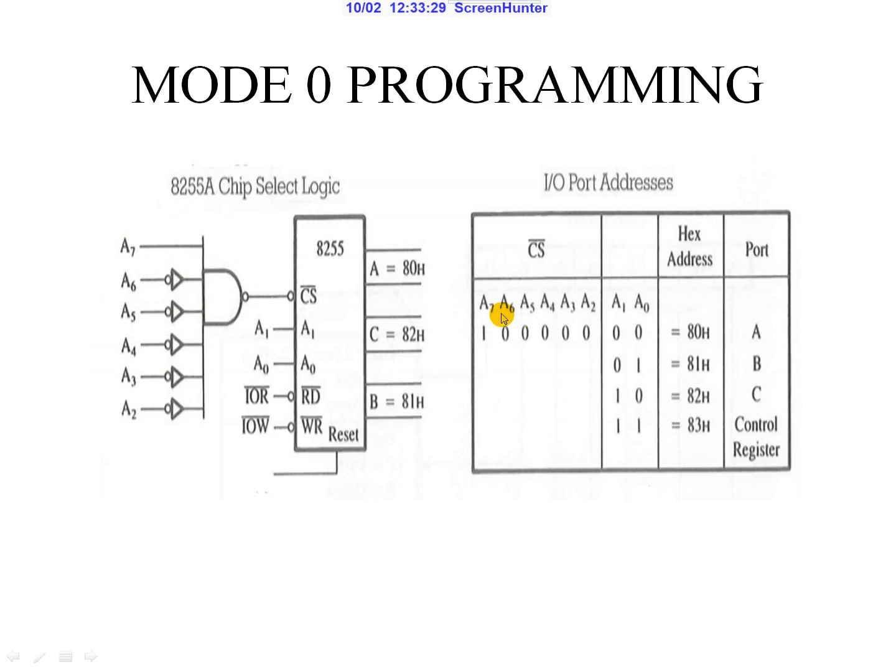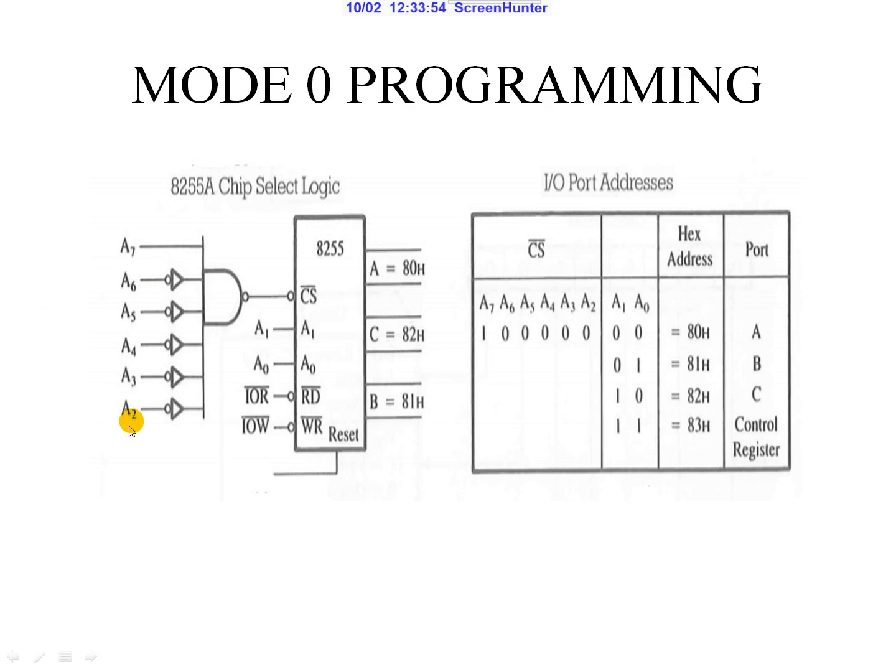Since A7 is connected directly to this NAND gate, A7 can be given as 1, and A2 to A6 are going to be connected to the NAND gate through NOT gates. So A2 to A6 are always 0.